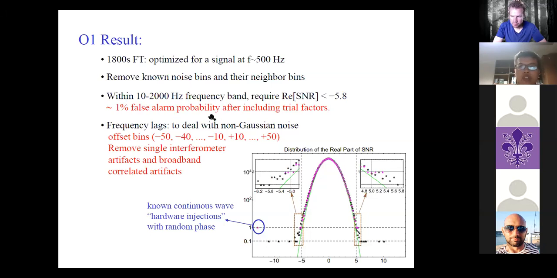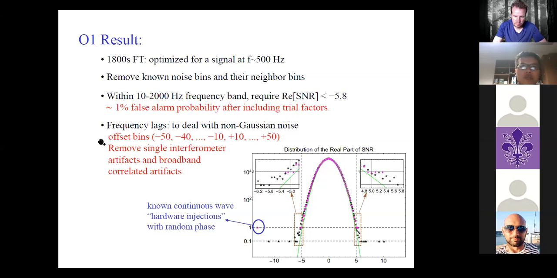And since we are looking for the signal within 10 to 2000 Hertz frequency band, we need to consider the look elsewhere effect. Rather than impose the signal to noise ratio to 3, we impose the signal to noise ratio to 5.8 to obtain the 1% false alarm probability after including these trial factors. To deal with the non-Gaussian noise, we use the frequency lags to calculate the cross correlation of the signal between 2 detectors.